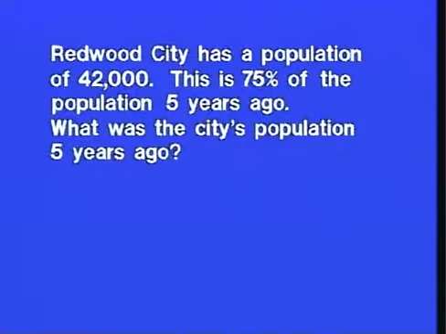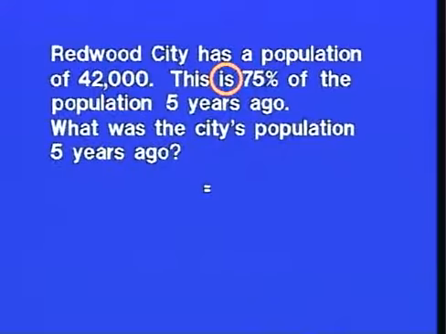Redwood City has a population of 42,000. This is 75% of the population 5 years ago. What was the city's population 5 years ago? Look at the middle sentence. It says this is 75% of the population 5 years ago. What I know about this sentence is that is going to mean equals.